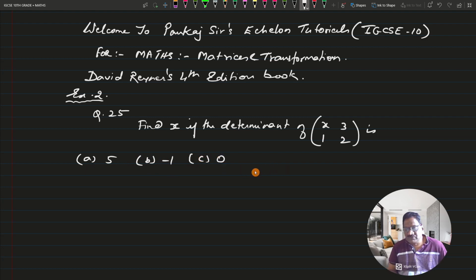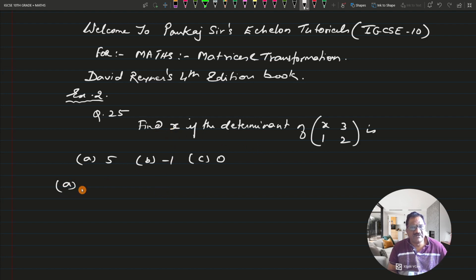So the question says that the determinant value of this particular matrix is 5, -1 and 0. What will be the value of x? Let us go for the solution of part A.